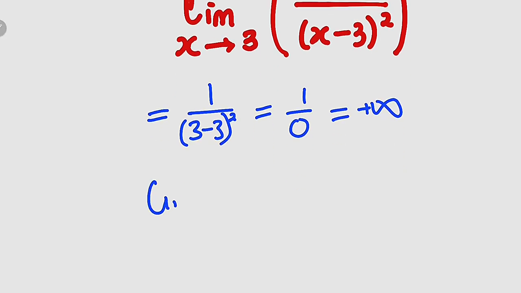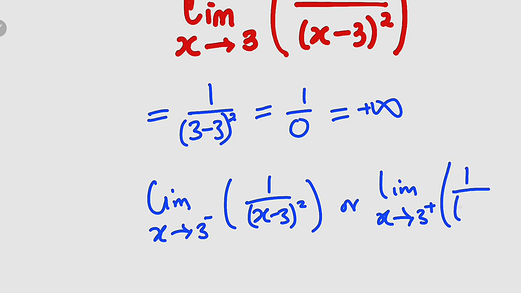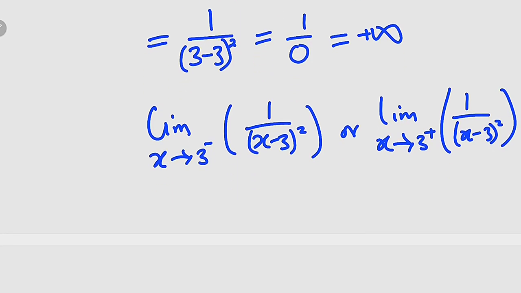Suppose we want to evaluate the limit as x approaches 3 from the left hand side of this function, 1 divided by (x minus 3) all squared. And you want to also evaluate the limit as x approaches 3 from the right hand side of the same function, 1 divided by (x minus 3) all squared. Let's do them separately.